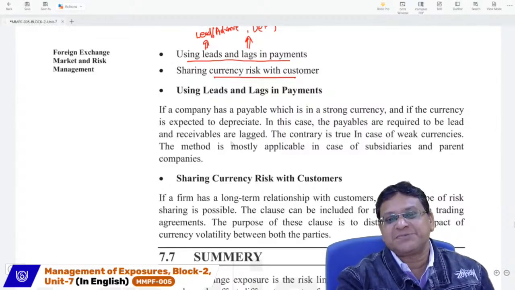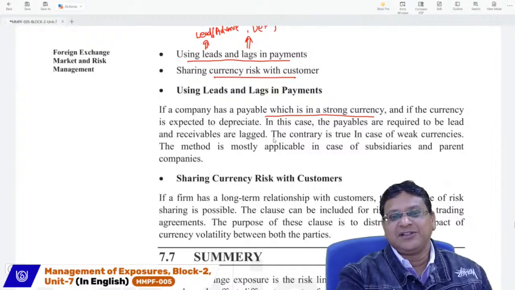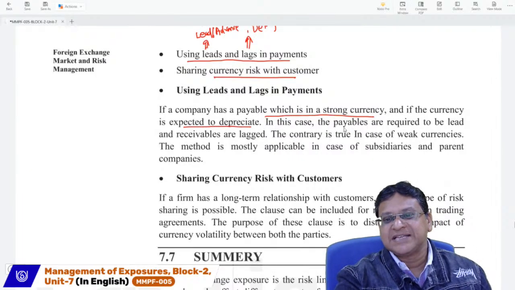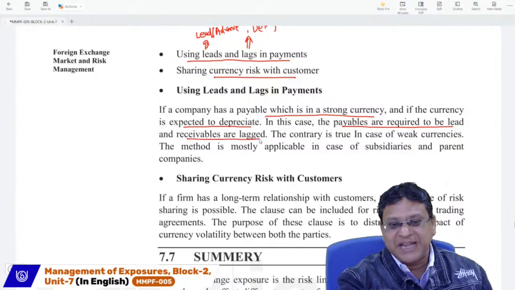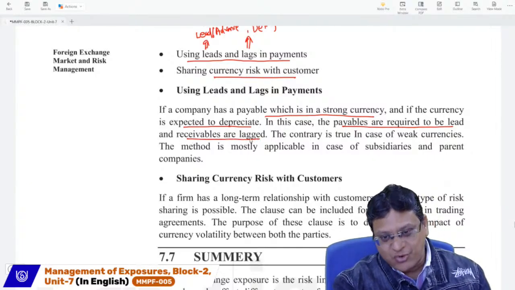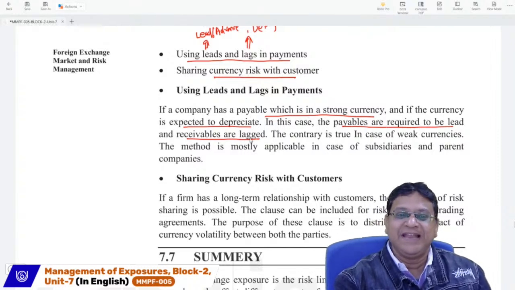If a company has payable in a strong currency and the currency is expected to depreciate, in that case, the payables are required to be lead and the receivables are required to be lag. If you deal in a strong currency and you have payables, then you should lead it.